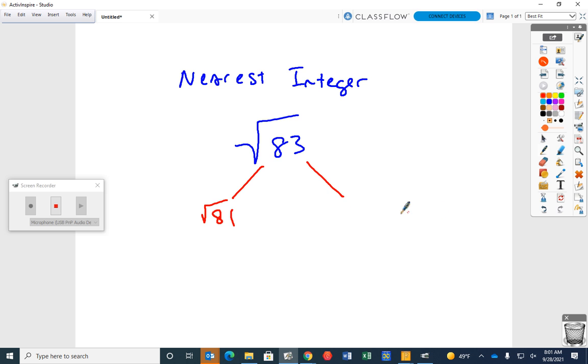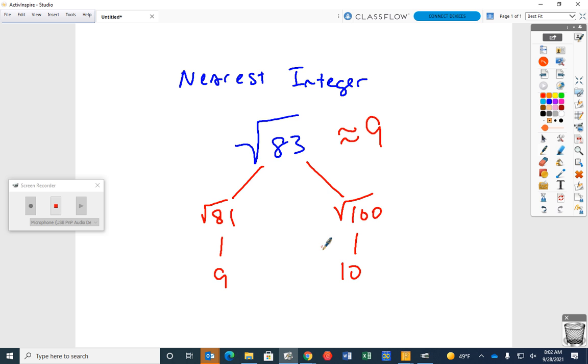Now, what is the square root of 81? 9. The square root of 100? 10. Now, the 83, is it closer to this perfect square or to this perfect square? It's closer to 81. So if I was going to estimate the square root of 83 to the nearest integer, it's going to be about 9. Does that make sense?